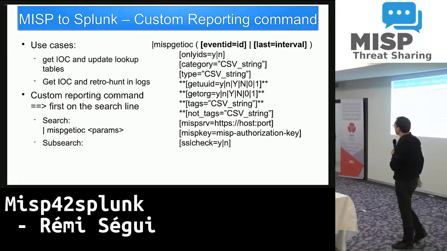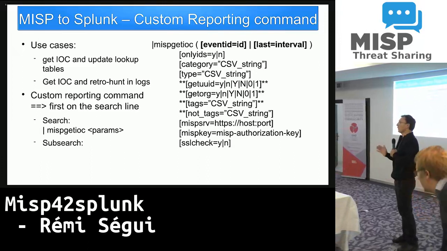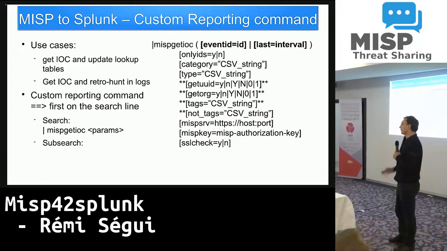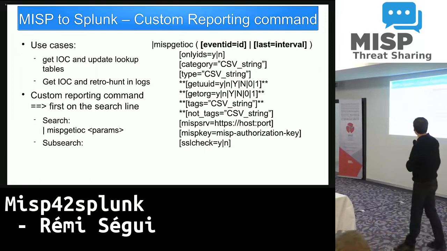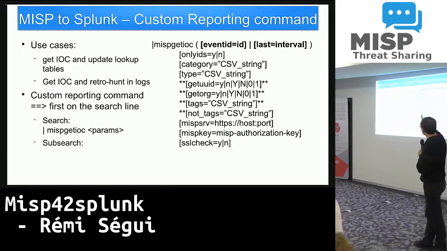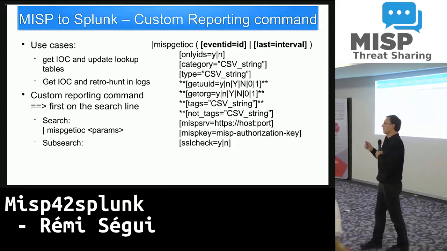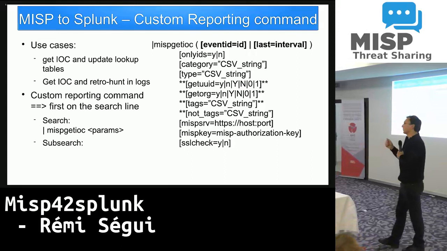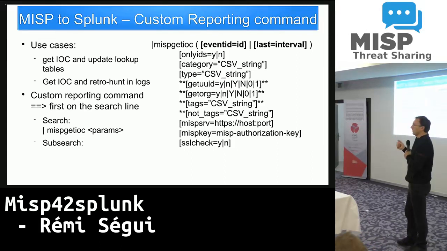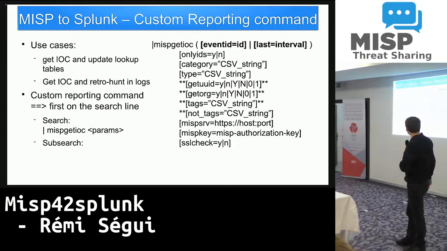This is a custom reporting command, so it's a command you have to put at the beginning of the search pipe. So pipe mispgetioc. There is one mandatory parameter: either you search with an event ID, or you specify last equals something for the duration.